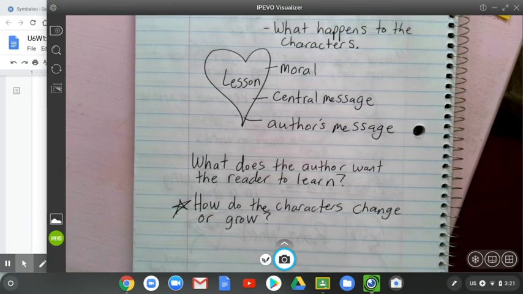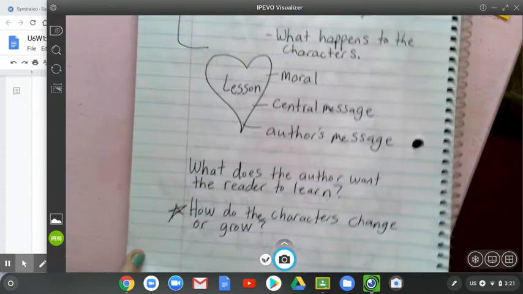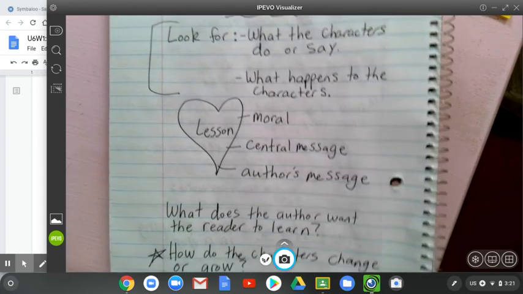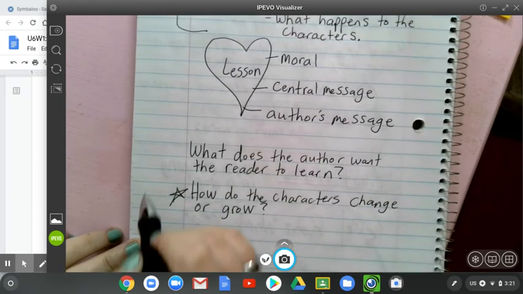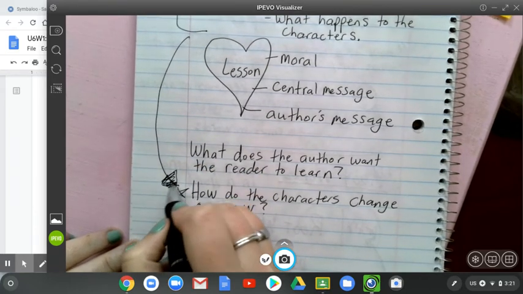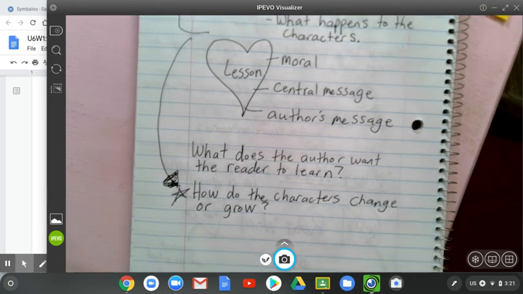This week you're going to be reading about historical fiction, and that's the genre of the stories. So on the look fors up here, you can see what the characters do or say and what happens to the characters. That's huge on how did they change or grow. Okay, so in our genre of the week, that's going to be the main focus for you analyzing the text.